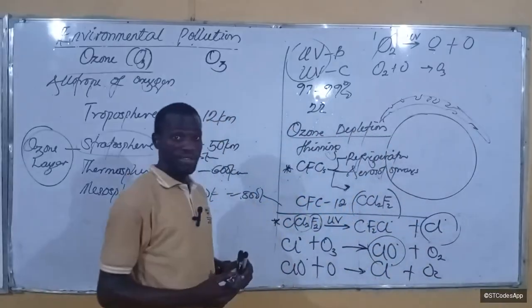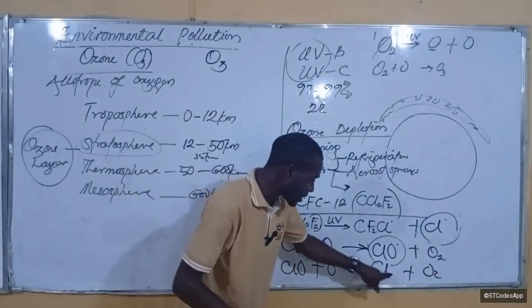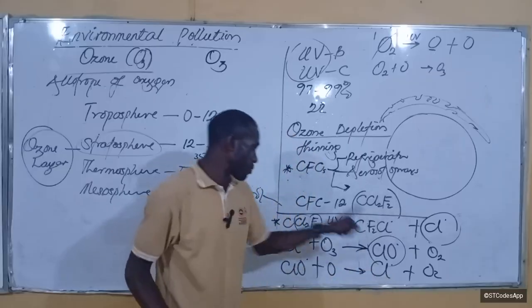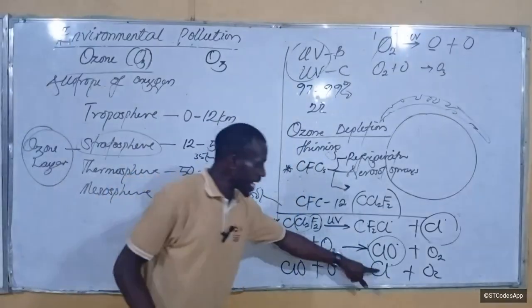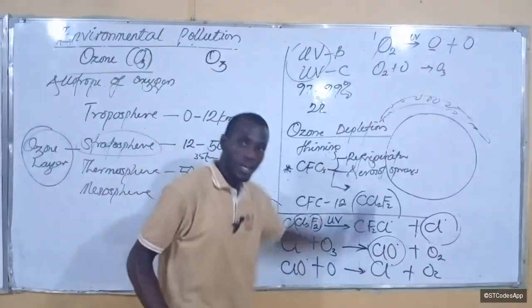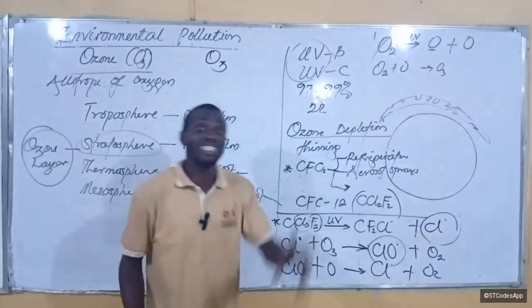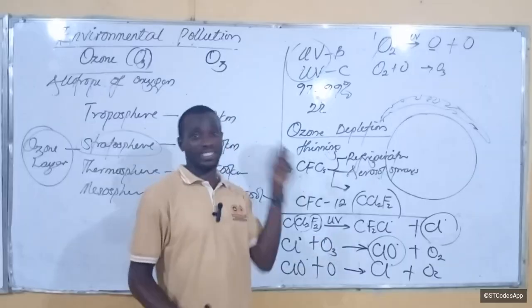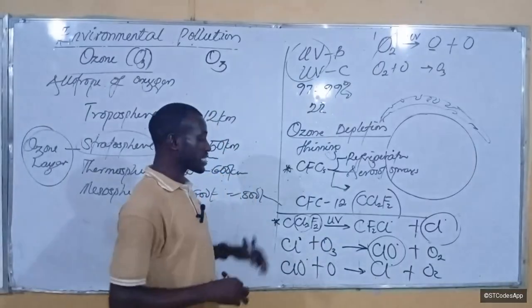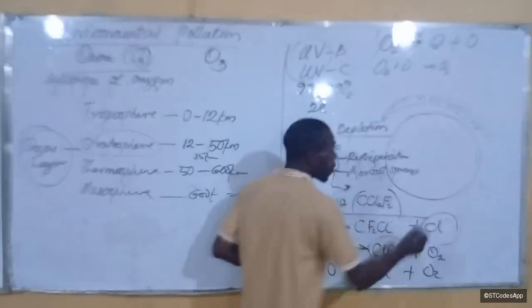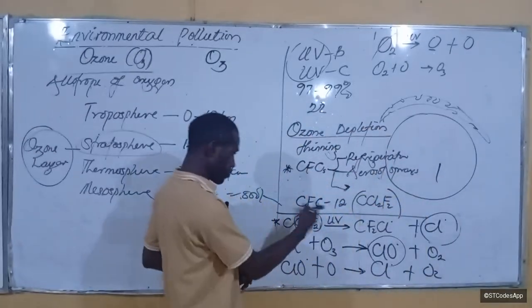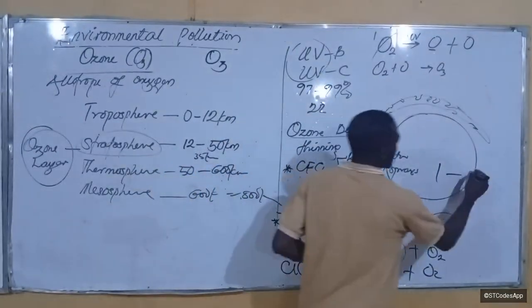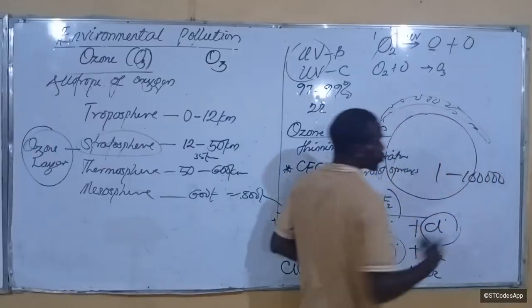So that O2 leaves, and this guy becomes reactive and the process repeats itself. It will go back to the ozone, pick up again, and keep recycling itself like that, until only one mole of this guy can take up to 10,000 ozone.